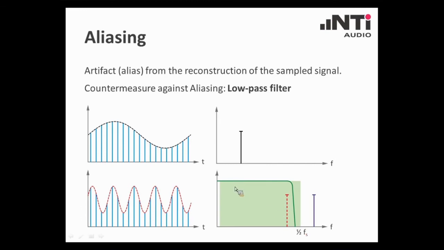So by applying an analog input low-pass filter, we cut off all these upper signals that may occur here, and that way we avoid that aliases would pop up. The low-pass filter, by the way, would have a cutoff frequency a little bit below this Nyquist frequency due to technical reasons.